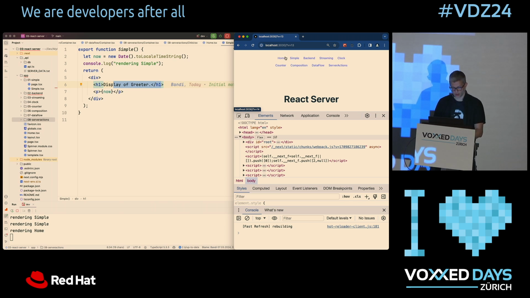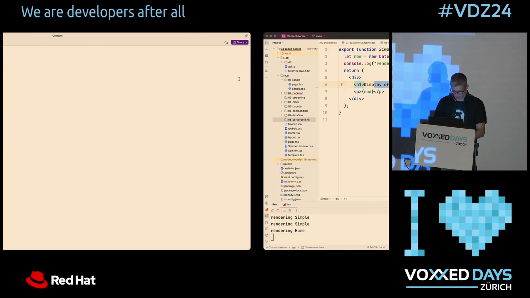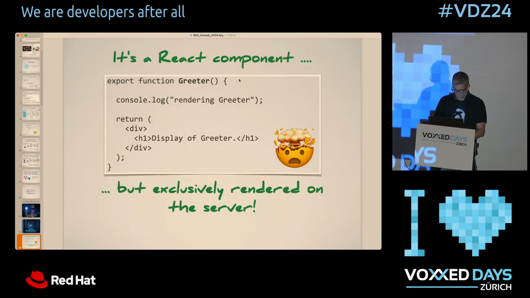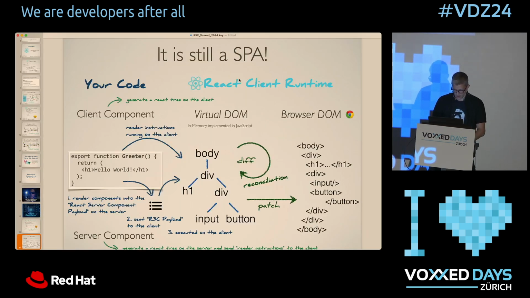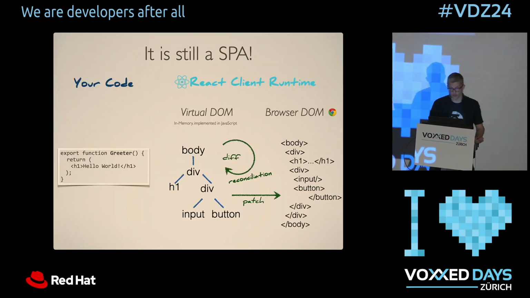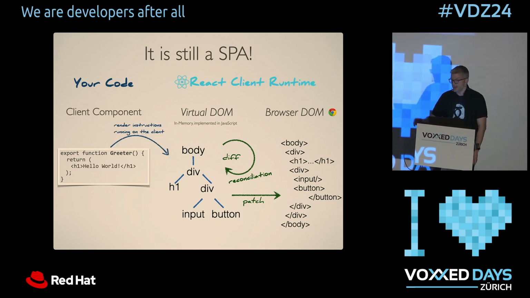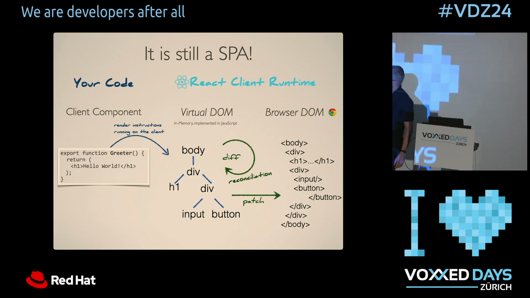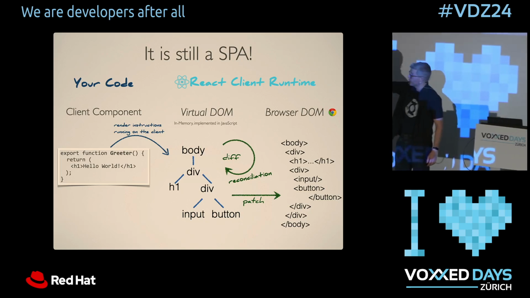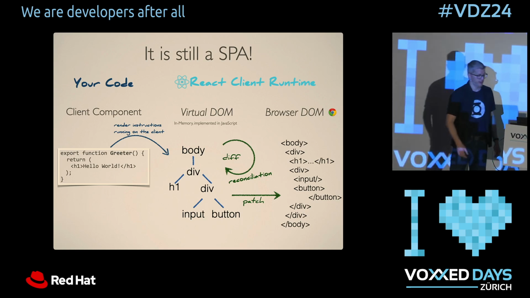So how does that work? When we are doing client-side rendering, we have our code and this virtual DOM. I call this the React Client Runtime. The JavaScript code is executed in the client, and it updates the virtual DOM, which then updates the real DOM.